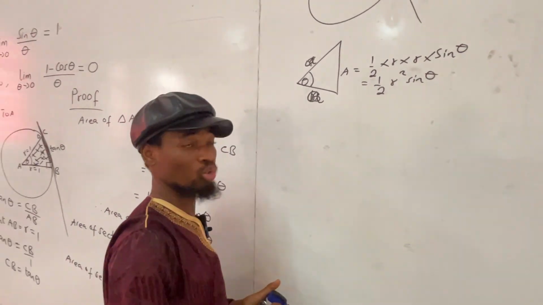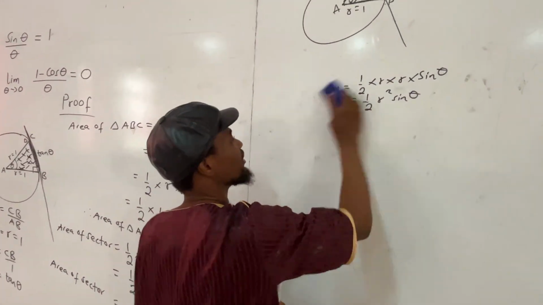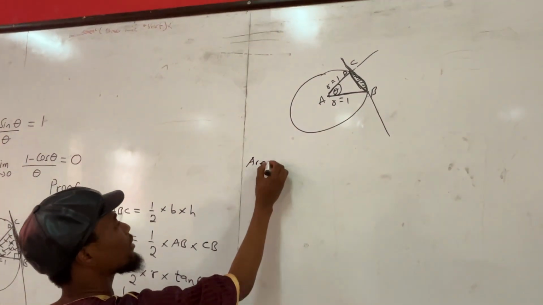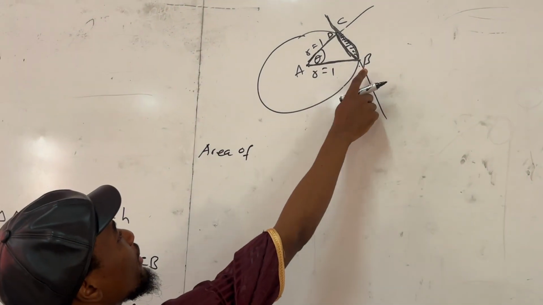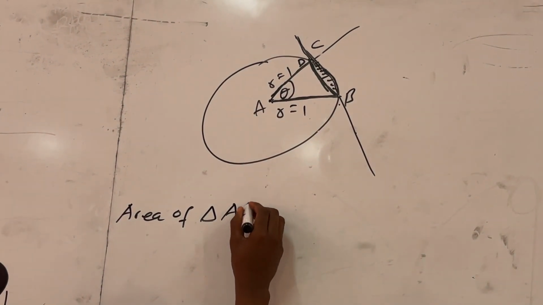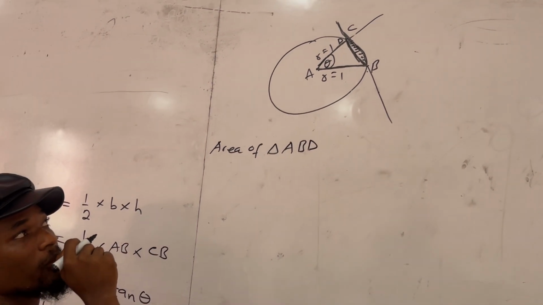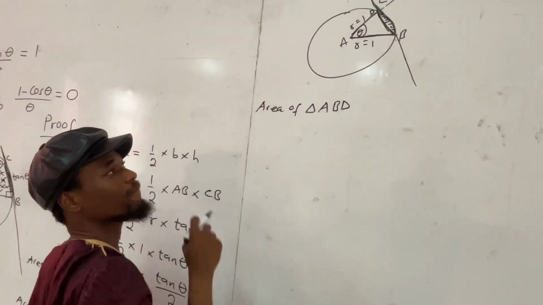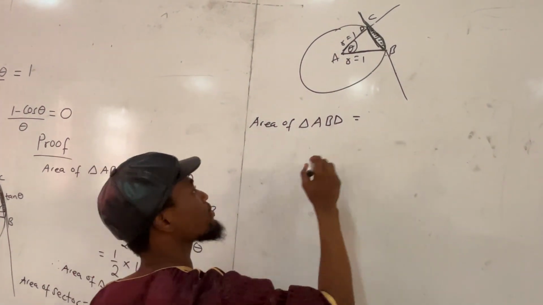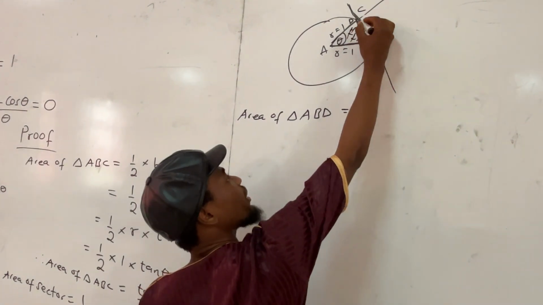That is how it goes. So we are going to employ the same analogy over here. So therefore, I can say that the area of triangle A, B, D, and the D over here is given by, so viewers, note, we have this portion and we have what?